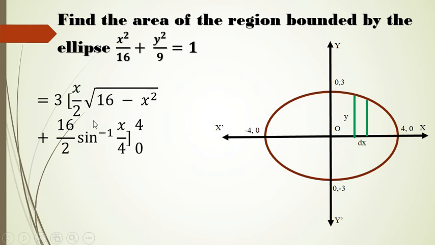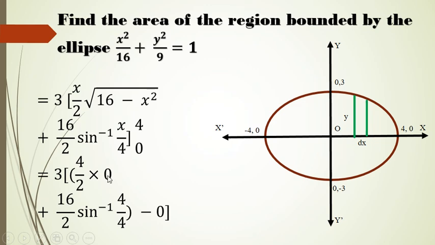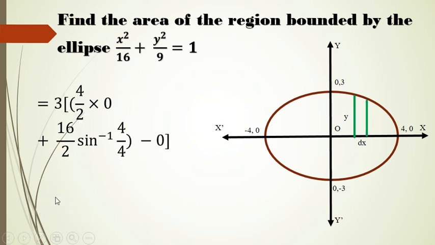After putting the value of the limits, we get this step: 3 times 4 by 2 into 0. Already I have discussed this one. Plus 16 by 2 sin inverse 4 by 4 minus 0, for lower limit 0 and higher limit 4. Let's see the next step. So 3, and this part will be 0, plus 16 by 2 into 4 cancelled out, then we get sin inverse 1, and we know that the value of sin inverse 1 is pi by 2.